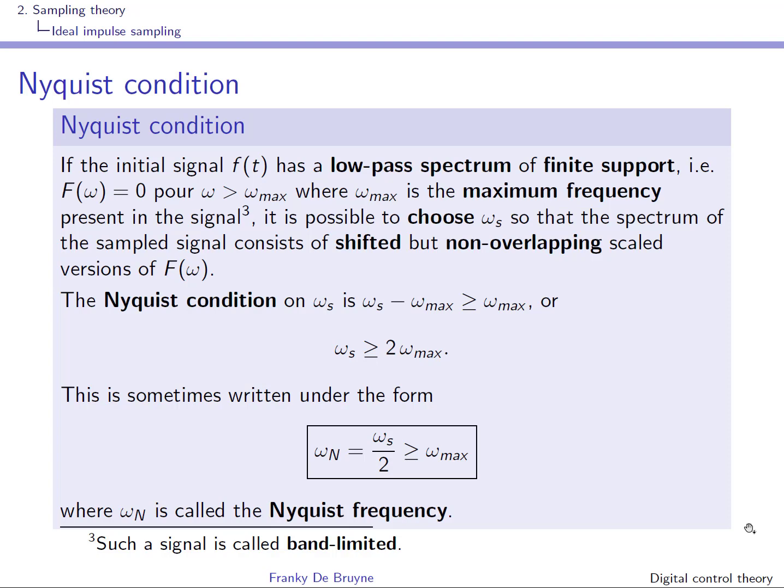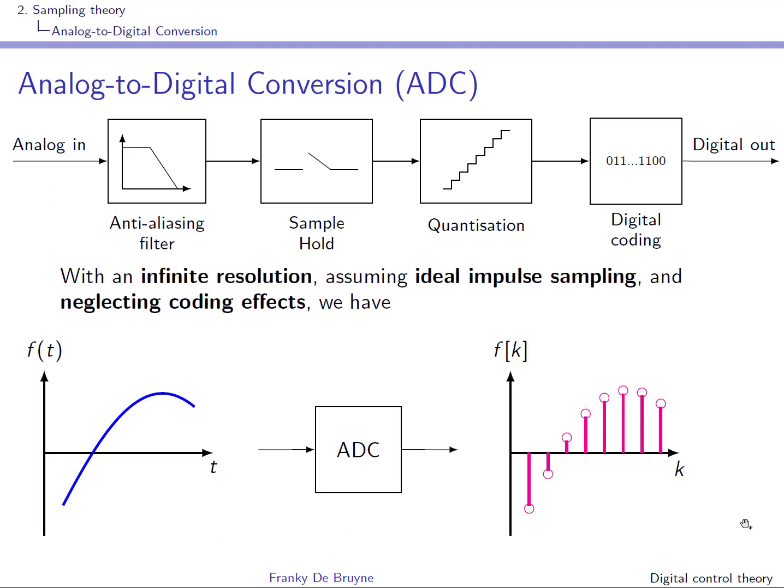So if there is aliasing, for instance, you have to be able to determine under which frequency the aliased signal will present itself. In this course, we will not go into the details of the sample and hold mechanism, quantization, and digital coding. Of course, you can have a look in the video course Signals and Systems.